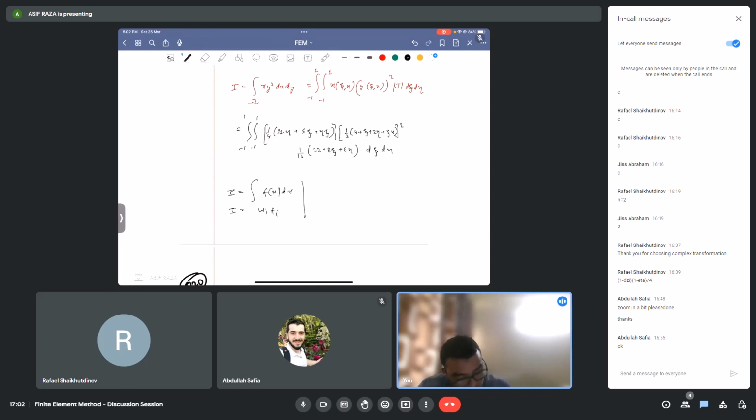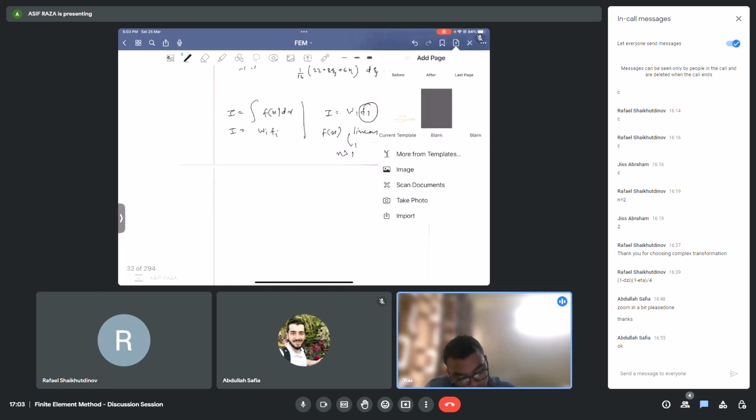If our integration point is only one, that is w1 f1. This can give me an exact value if my f(x) is a linear polynomial. If it is greater than n equal to 1, then we won't get an exact value, we'll get an approximate value using numerical integration.